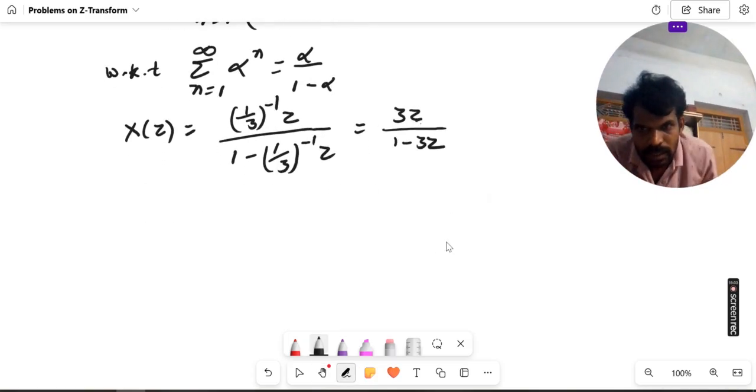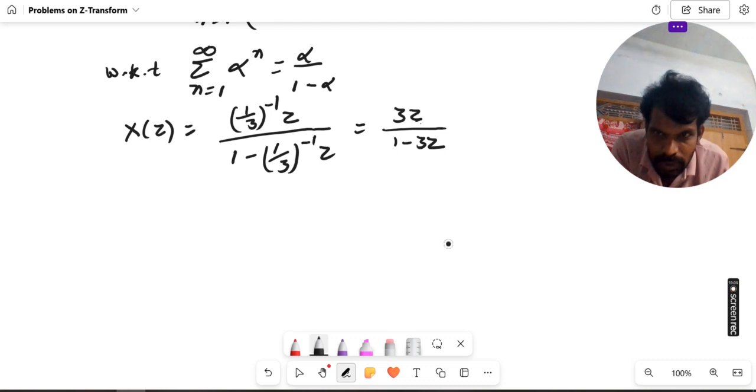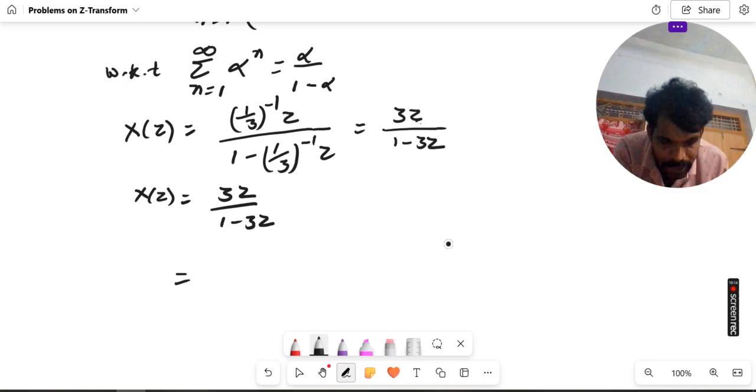Let us simplify that. x of z is equal to 3z by 1 minus 3z. Let us take 3z as common in the numerator and denominator. Taking 3z common and canceling, we will get 1 by, taking common, 1 by 3z minus 1.